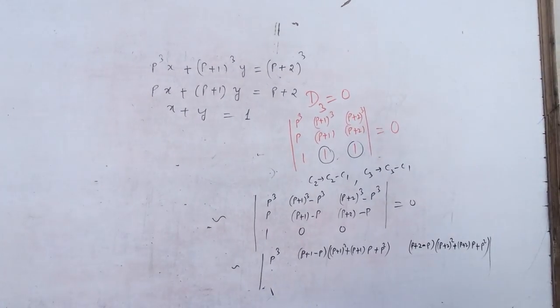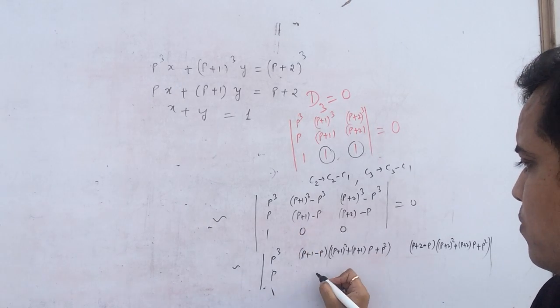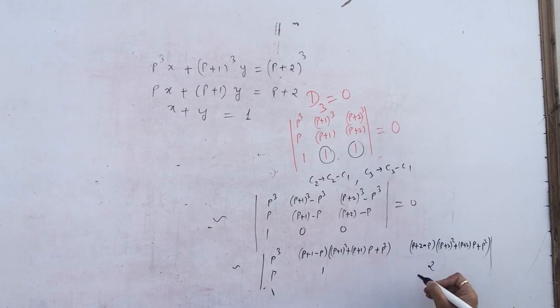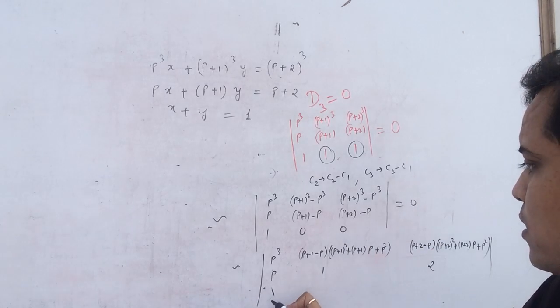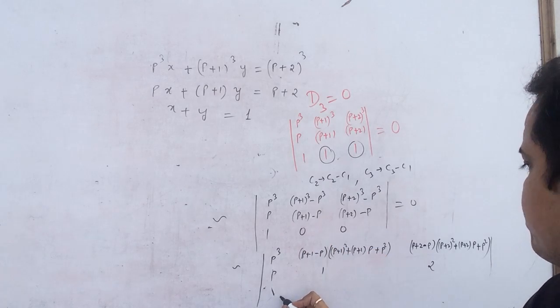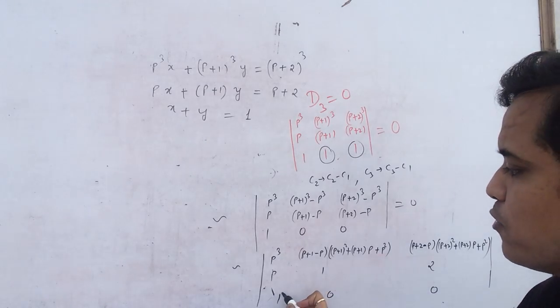When you do the calculation like this, here p plus 1 minus p you will get 1, p plus 2 minus p you will get 2, and again here 1, 0 and 0. Now you have to expand it along this row, row 3. When you expand this, what would you get here?